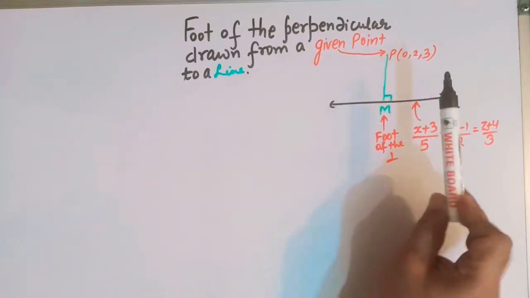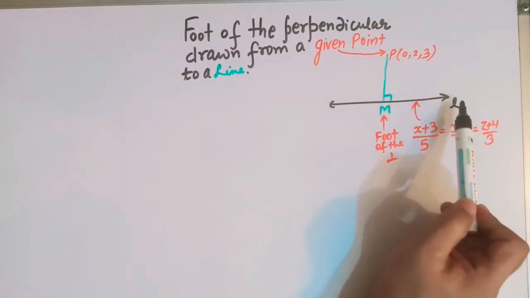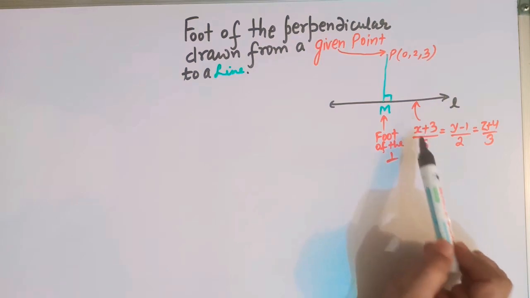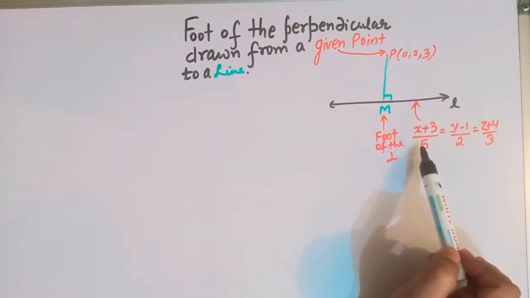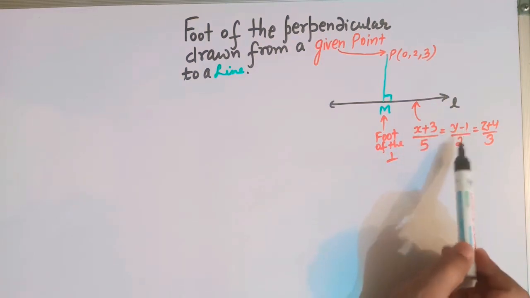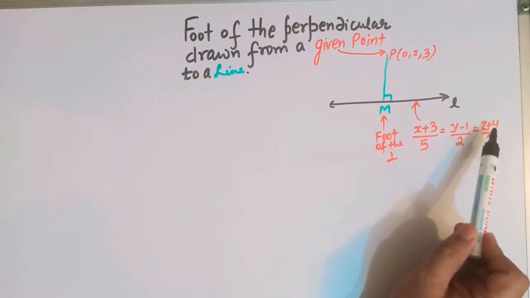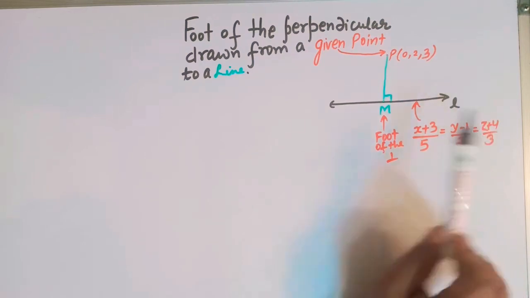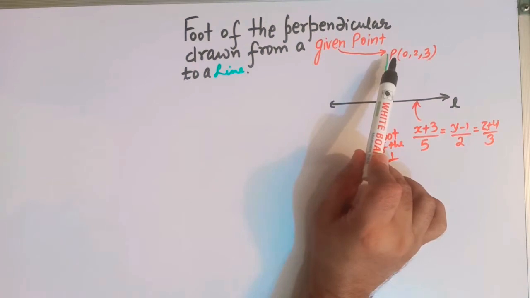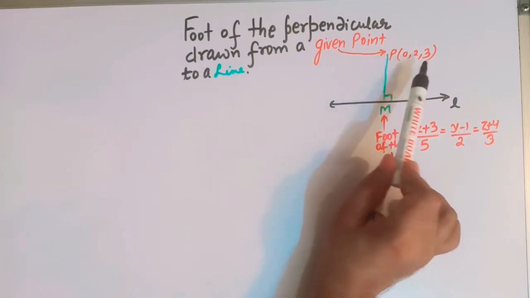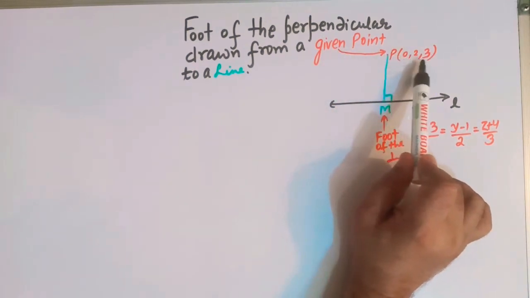So here we have a line L whose equation is given here: (x plus 3)/5 equal to (y minus 1)/2 equal to (z plus 4)/3, right? And here the given point is 0, 2, 3.